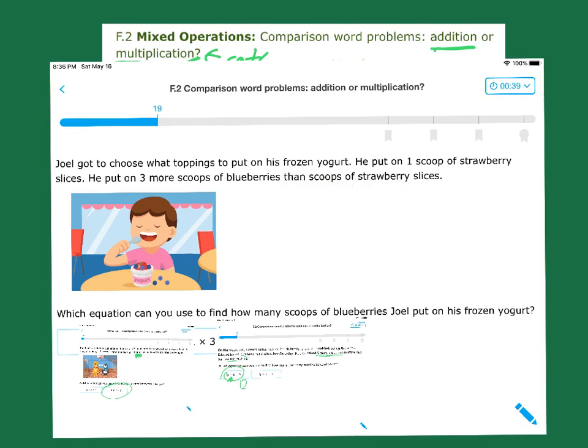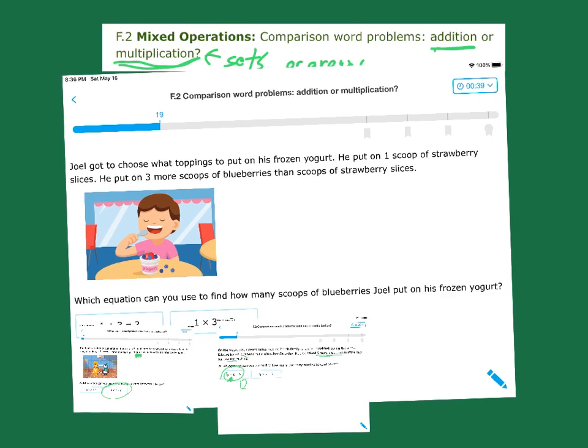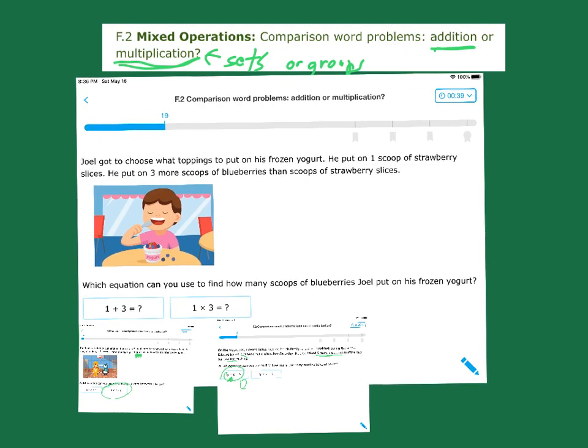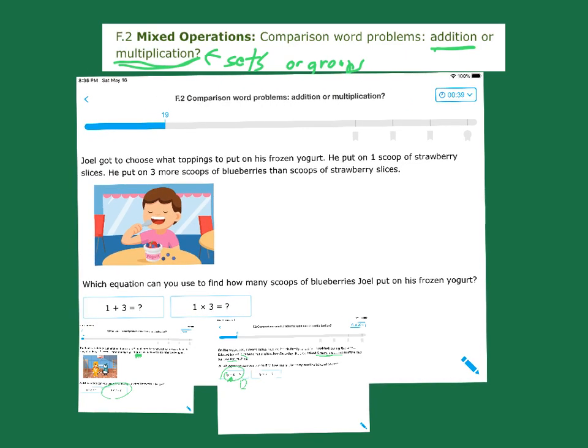So, again, are we dealing in sets of things, or are we just talking about the number of scoops that he put on? If you need to draw this out, that would work too. So he went in, here's his bucket of frozen yogurt. He got a scoop of strawberry on there. Great, looks delicious.